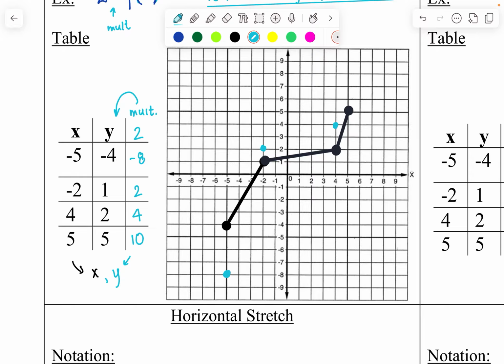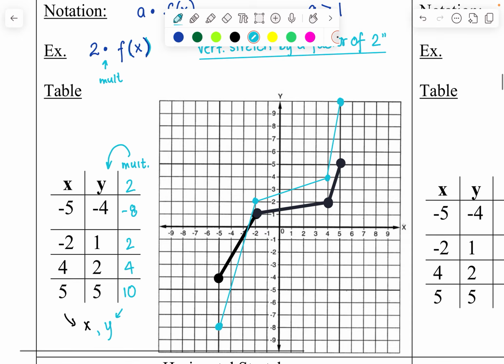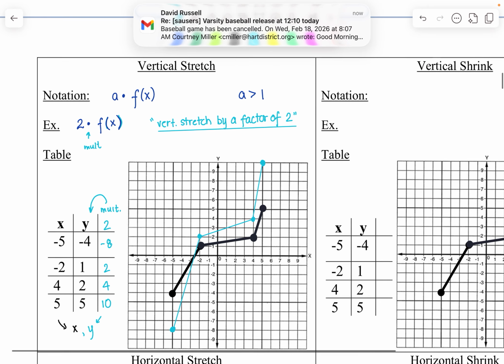And then 5, 10. Right up there. So when we go to graph this, this is what it looks like. And you can see the stretch is just doubled. This is a vertical stretch.